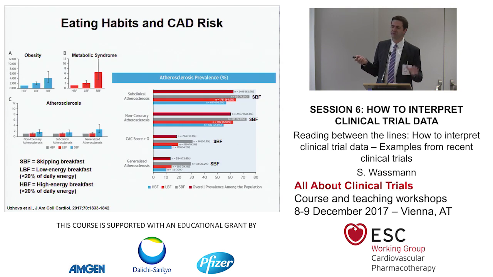So when you look at this, if you skip your breakfast, you actually have a higher chance of getting obese, having metabolic syndrome, or having atherosclerosis. And just look at this. This was CT scans done, right? So you see, for example, subclinical, non-coronary, coronary patients, people skipping breakfast have more atherosclerosis. So think about that. You shouldn't skip your breakfast, okay?